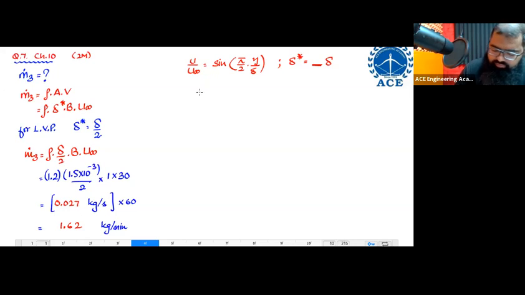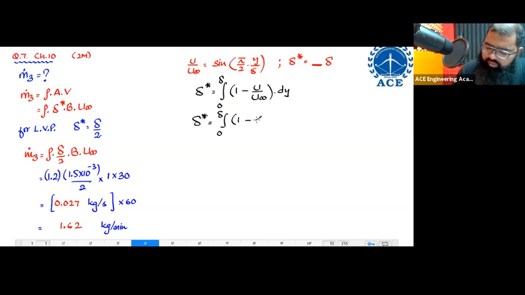I can write delta star is equal to integral 0 to delta of 1 minus u upon u infinity times dy. So delta star is equal to integral 0 to delta of 1 minus sine of pi by 2 into y by delta, times dy.